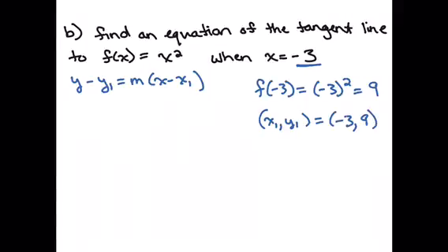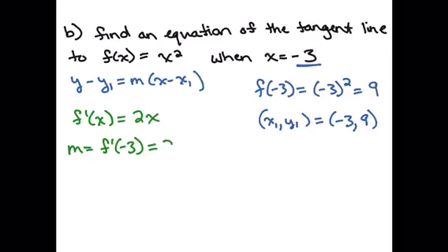So now that we have our point, we need to find the slope. So we're going to take the derivative of the function, and the derivative of x squared is 2x. The slope is the derivative evaluated at our x value of negative 3. And so I get a slope of negative 6.